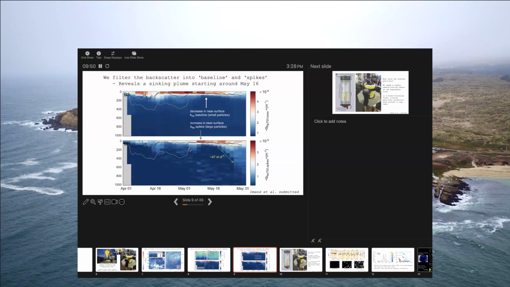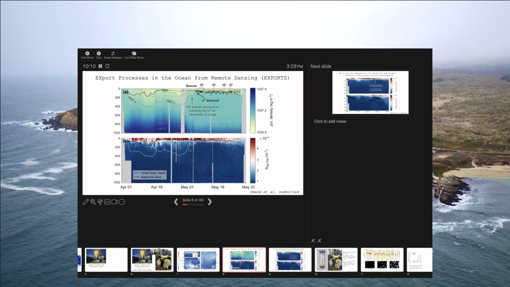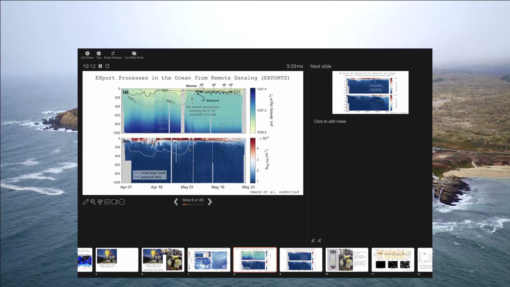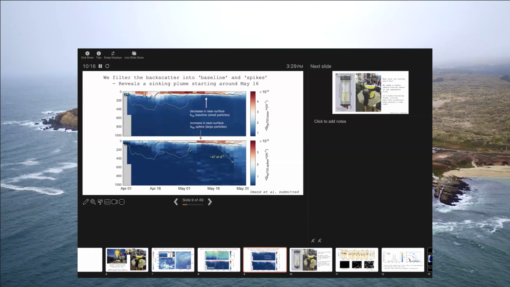And so one thing that I was able to do with that signal is deconvolve it into two parts, sort of a baseline part where you take almost like an average or smooth the profile and reduce some of the, like you saw in the last slide, there was a bunch of little speckles here. You can kind of smooth that out and take that as a baseline, which is what's shown on the top.